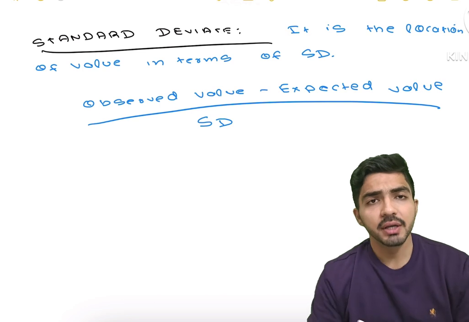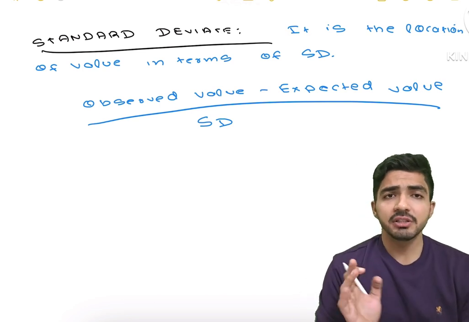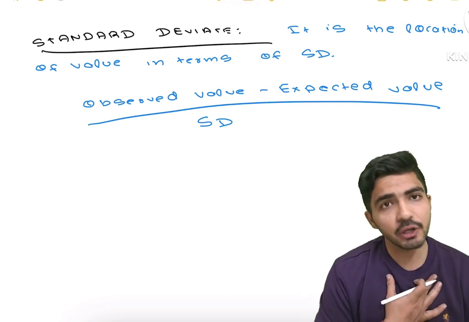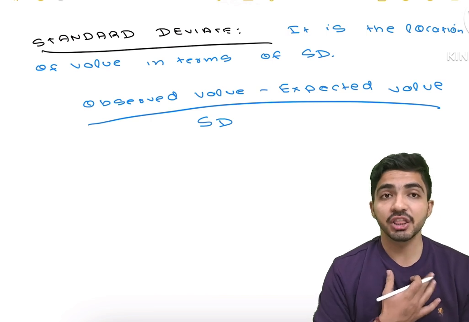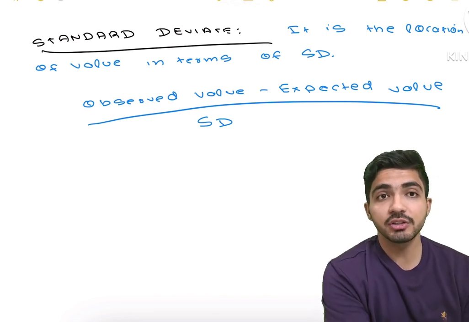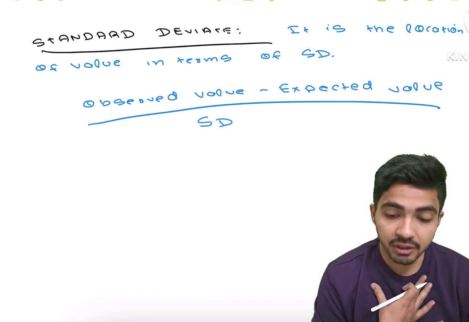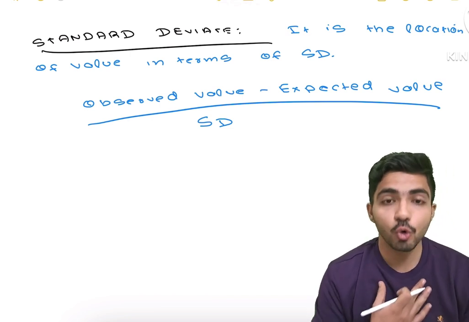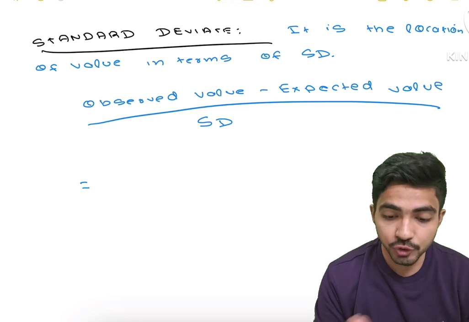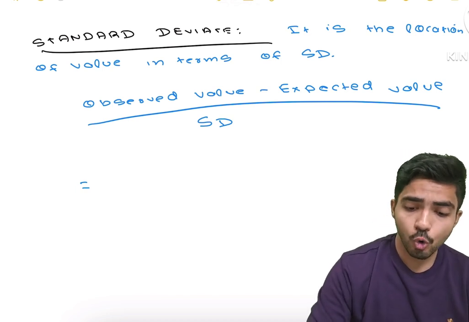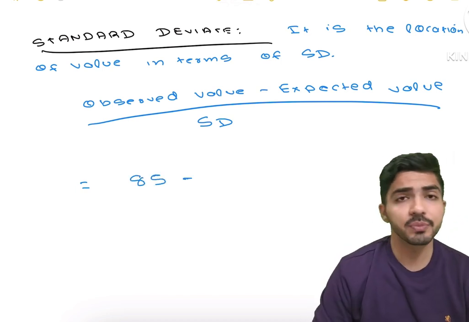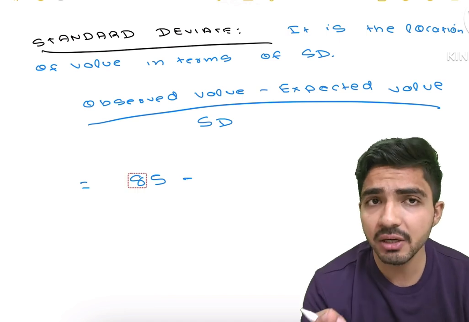So I will give you an example. Let's suppose my weight is 85 kilogram and I am studying in that class of 100 students of 12th standard. Tell me the standard deviate. Tell me the location of my weight in terms of standard deviation. Observed weight is 85 kilogram. Expected value means mean.